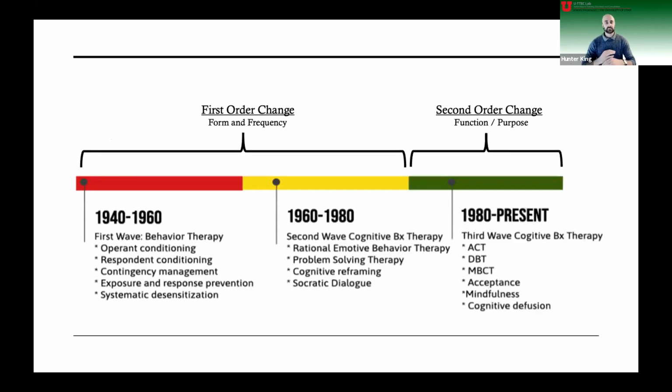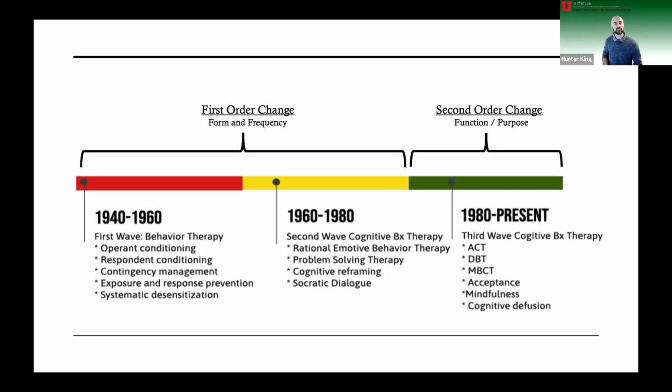So this is to provide you with a reference point on what I mean by waves of behavior therapy, with each one on this PowerPoint indicated in its own color. So the first wave around the 1940s, you think of B.F. Skinner, Thorndike's law of effect, really just a lot of reinforcement, changing people's environments in order to either increase or decrease a particular behavior.